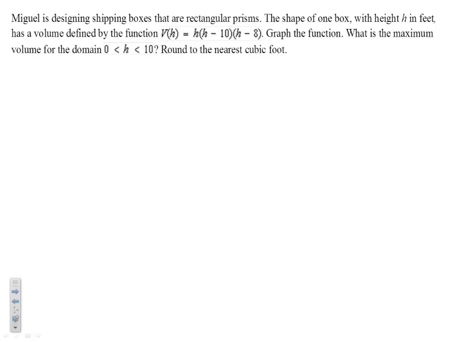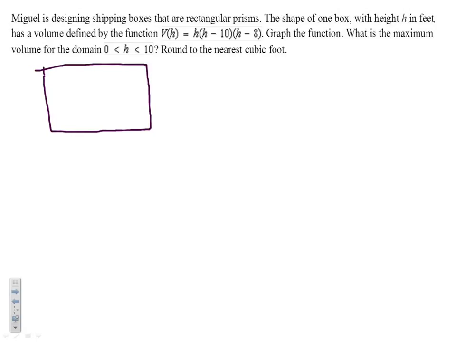So on this problem here, we want to maximize the volume for a box. To understand where this formula comes from, it helps if you draw a diagram. This is called a net. You should have learned about this in geometry. So I have a rectangle, and my shape is going to have sides that are 8 and 10.